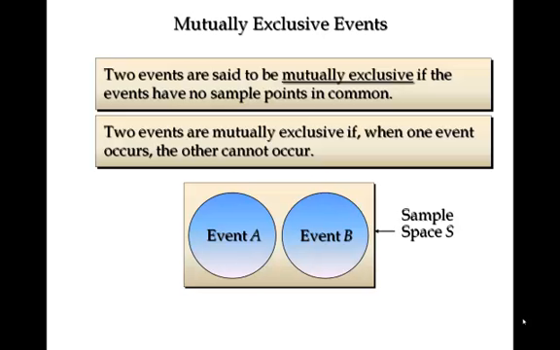If a sample point is in A, it cannot be in B, and vice versa. And which therefore leads to this mathematical result. If two events are mutually exclusive, then the probability of their intersection will be equal to 0.